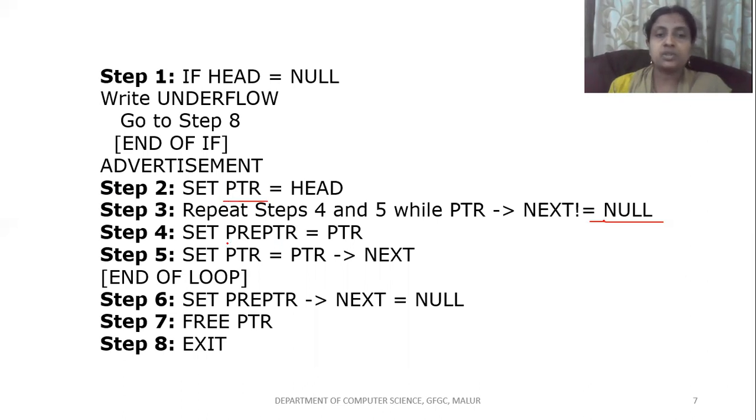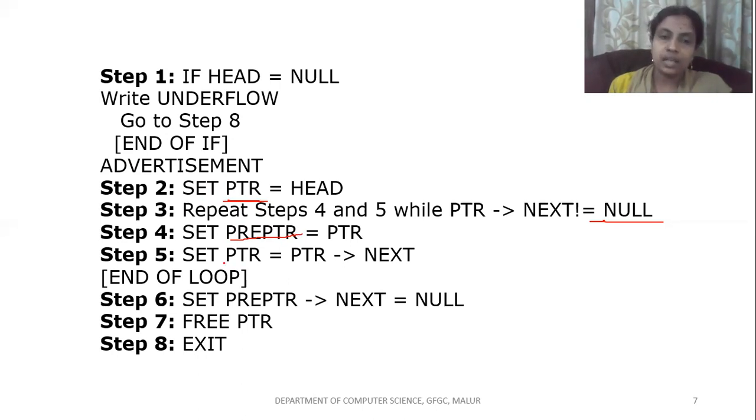Along with this, I am storing every step as I go. See, from the first node, I am there. The head will show the address of the first node. From the first node, when I am there, that is PTR, and there are some values, so it is not null. So I'm going to the second node, which means the second node will be assigned to PTR, and the previous node, that is the first node, will be assigned to pre-PTR.